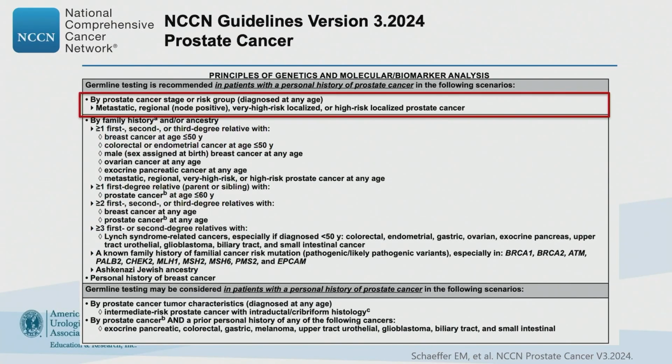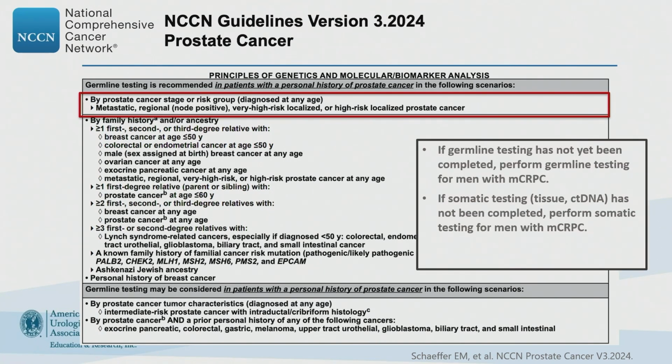And the NCCN guidelines are also in agreement here. Patients with metastatic disease should be tested. So if germline testing has not yet been completed, by the time we get to mCRPC, complete that. If somatic testing has not been completed, by the time we get to mCRPC, complete it.